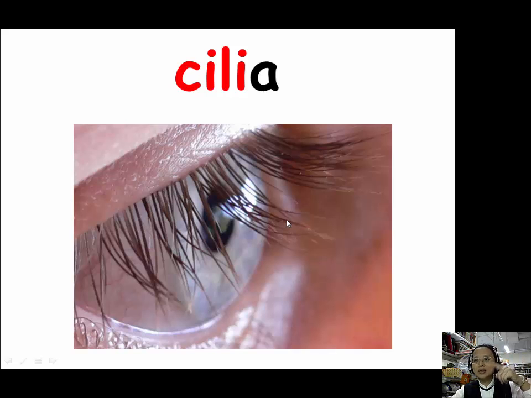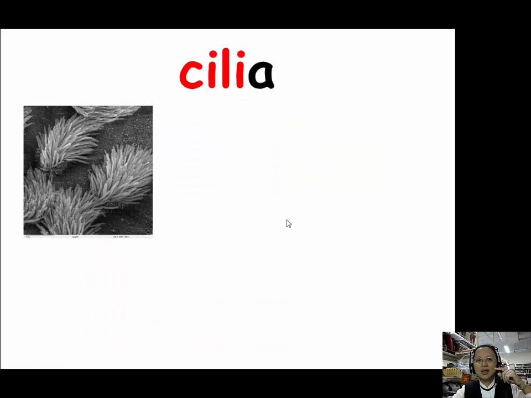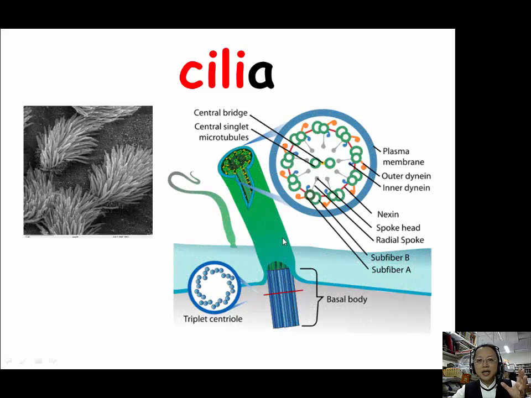It can also mean the minute, vibrating hair-like structures that project from the surface of a cell and are composed of 9 pairs of microtubules arrayed around a central pair, anchored to the cellular cortex by a basal body. That's also called cilia.